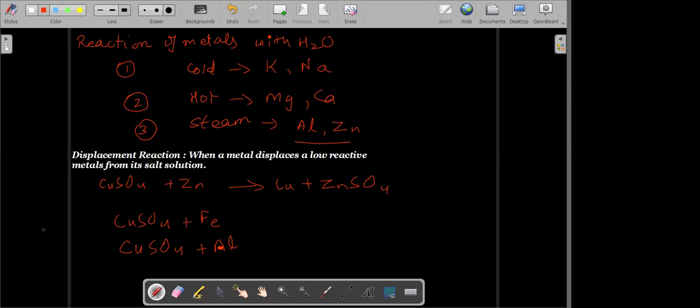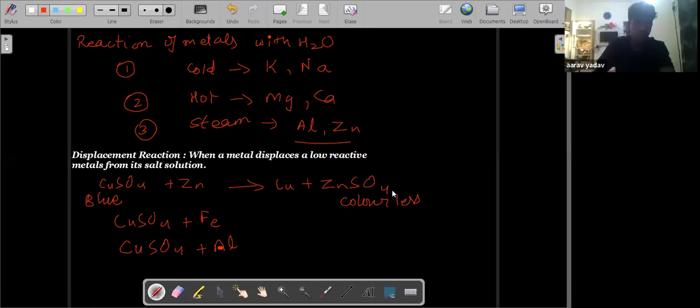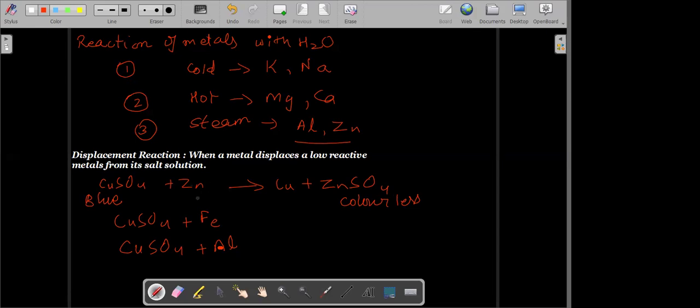It's blue, not greenish blue. So copper sulfate is blue in color and zinc sulfate is colorless. So what is the color change? Earlier the solution was blue, now the solution becomes colorless. So the color changes from blue to colorless.